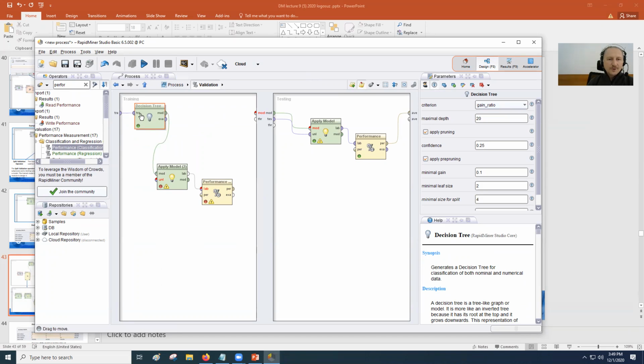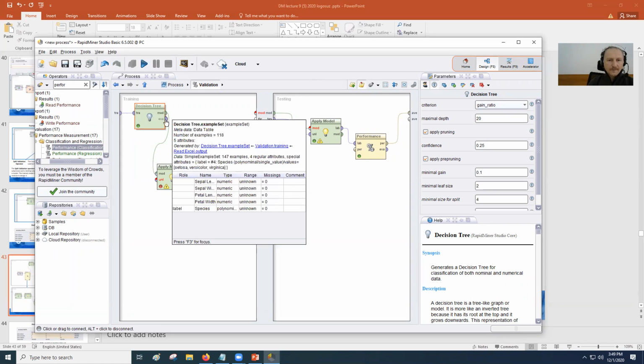Look at here. Training data came to my learning algorithm, and then the learning algorithm trained and produced one model, and I want to see its accuracy. I'm going to give this apply, and then the training sample here. Look at 118.